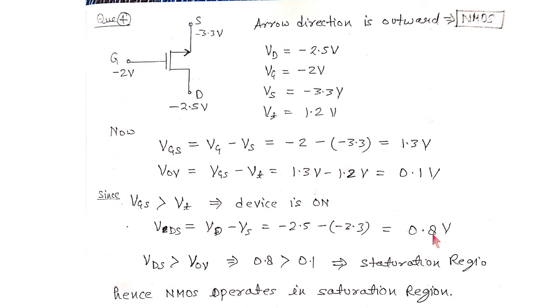VDS is compared with VOV. VDS is equal to 0.8 and VOV is equal to 0.1. So we can clearly see that VDS is greater than VOV, that is 0.8 is greater than 0.1. It means this device is in saturation region. I missed this N here. Okay, hence NMOS operates in saturation region. Thank you.